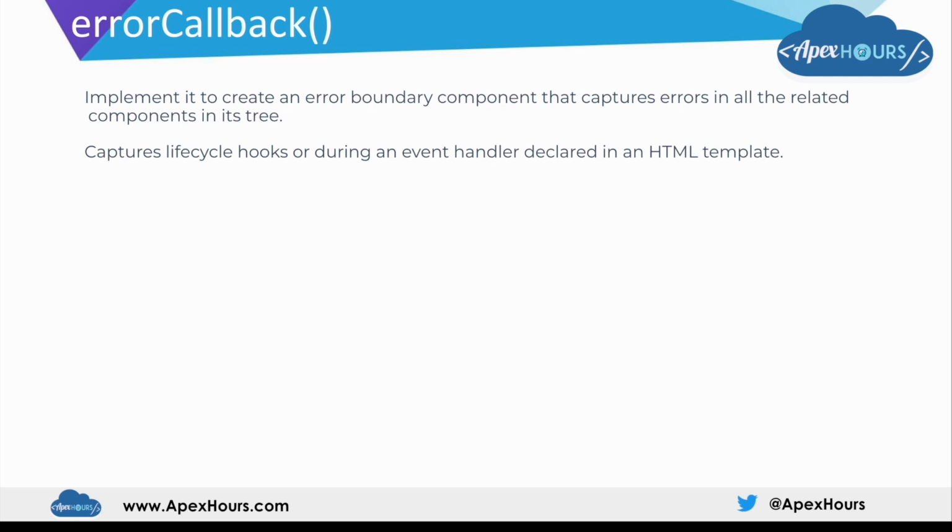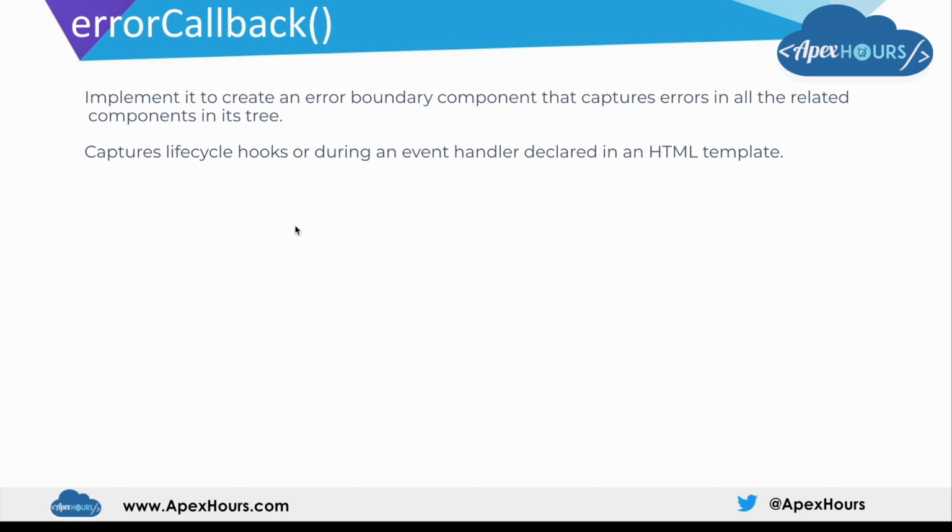If you have a long chain of components and there is an error in any of those components, error callback will be catching that error. Error callback captures errors in lifecycle hooks or during an event handler declared in an HTML template.